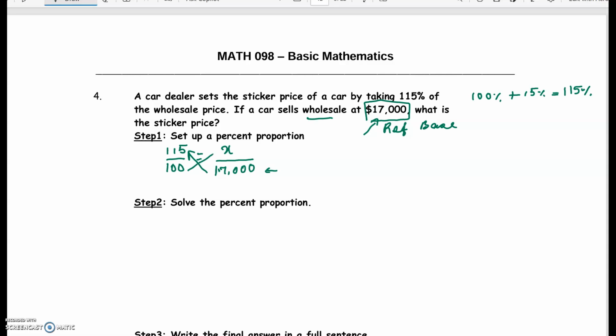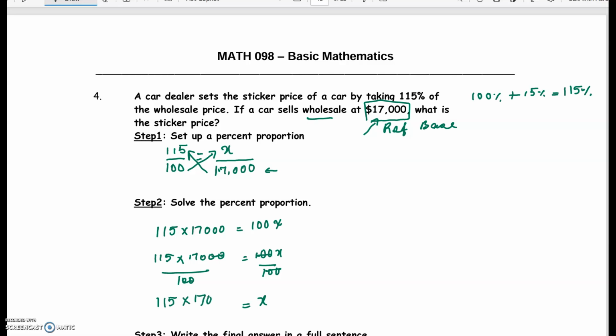So we get 115 times 17,000 is equal to 100x. We divide both sides by 100 and then we get x equals 115 times 170.